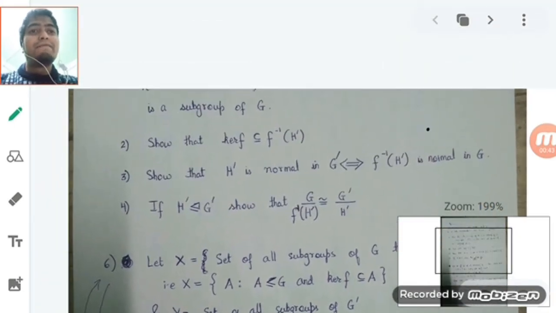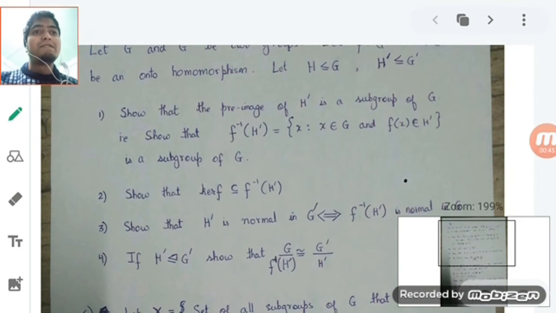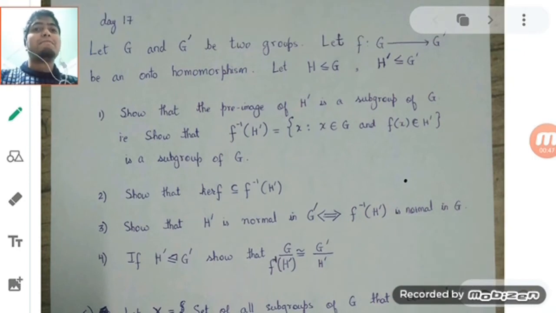So let's see what all of these theorems say. You have a homomorphism f from G to G dash, and it is onto, and we are given that H is a subgroup of G. We are given that H dash is a subgroup of G dash.